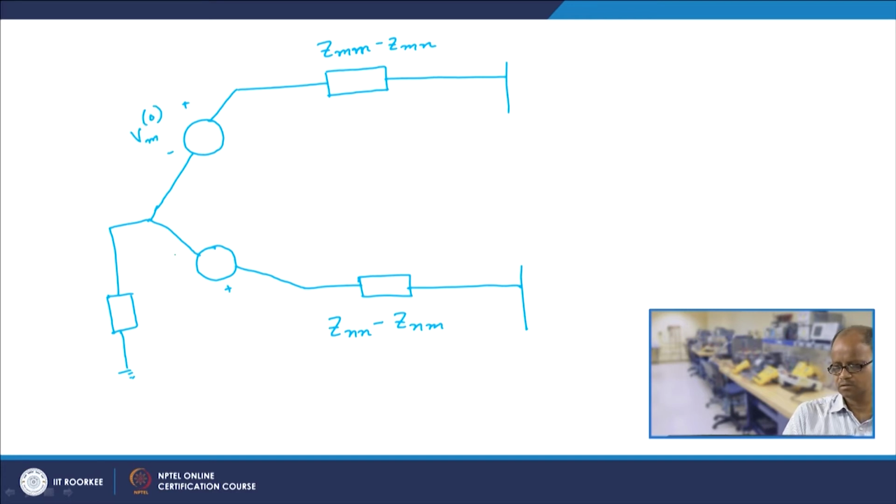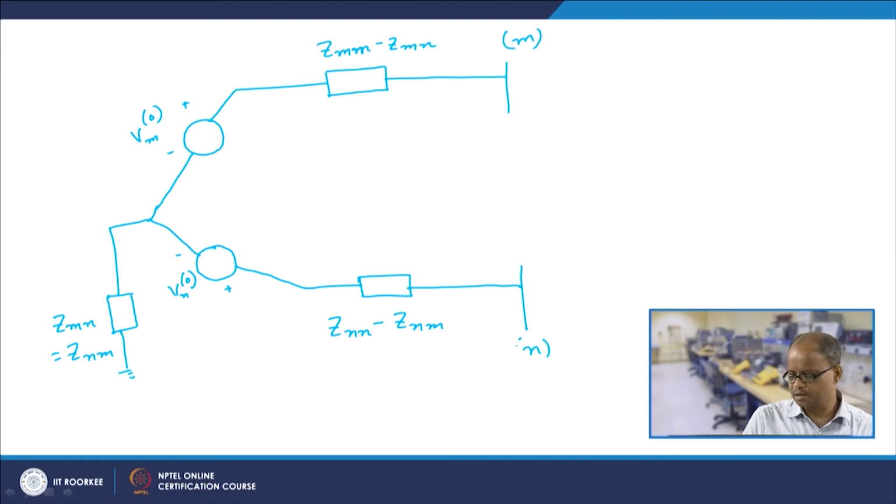This is V N 0. And here this is Z M N, which is nothing but equal to Z N M. So, this is the Thevenin equivalent circuit, and this is bus m, this is bus n.